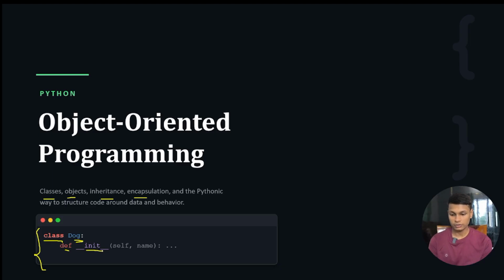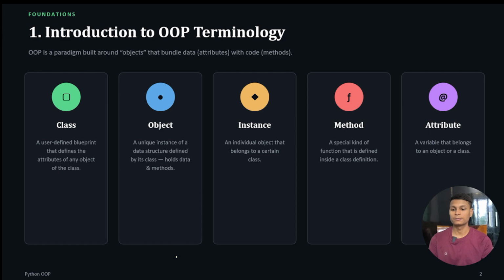Init is a function, and inside this we are going to pass two parameters, self and name. So this was a basic, simple syntax of how we are going to write things. Let's discuss each and everything, what is class, what is object, and all the things. So let's start with our video.